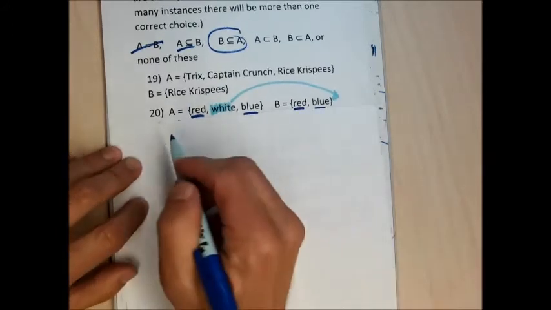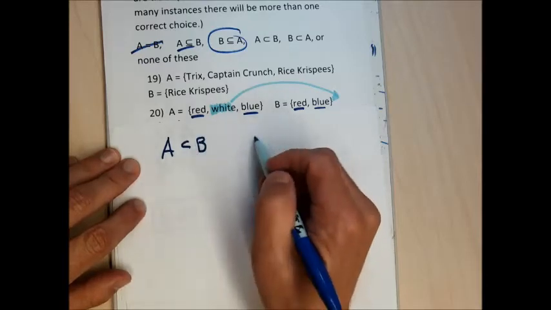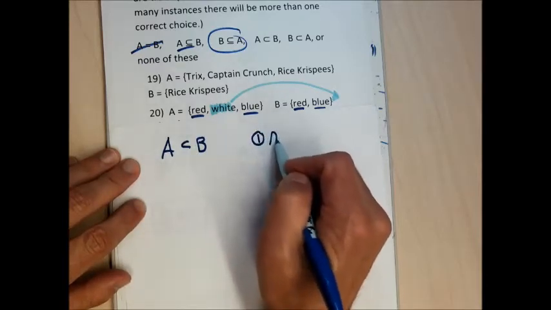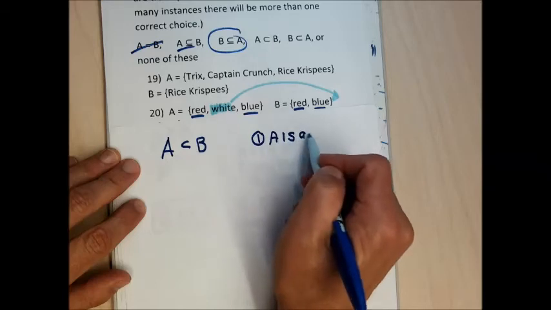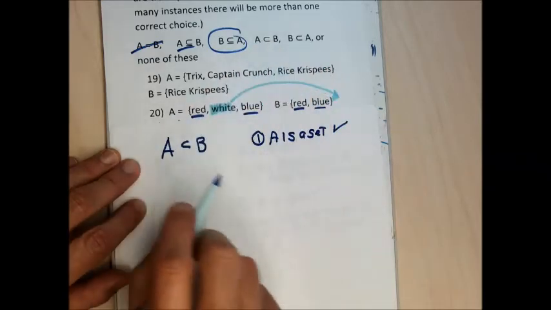So to check to see if A is a proper subset of B, I have 3 rules. The first rule is A is a set. That's fine. A is certainly a set.